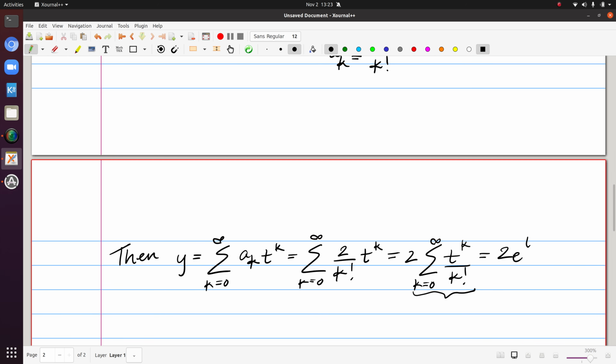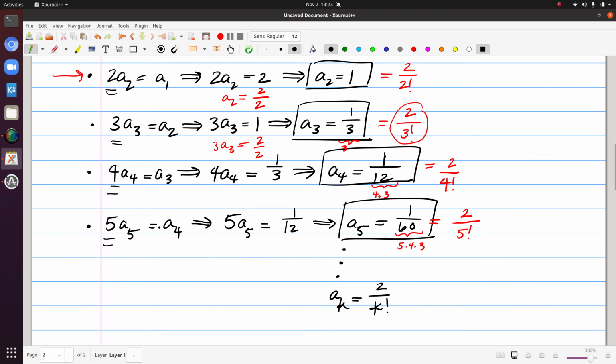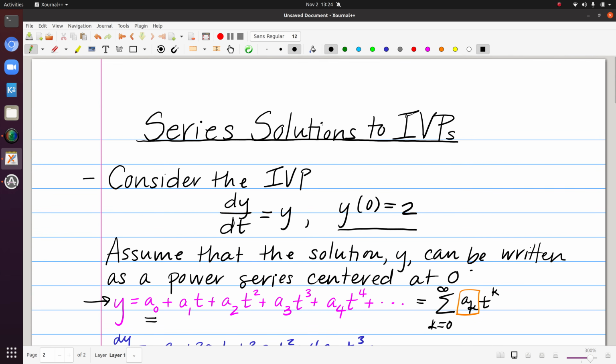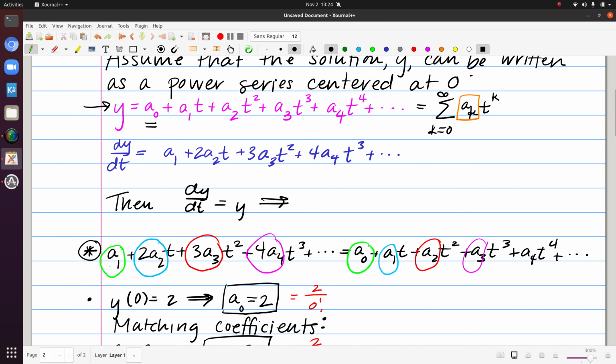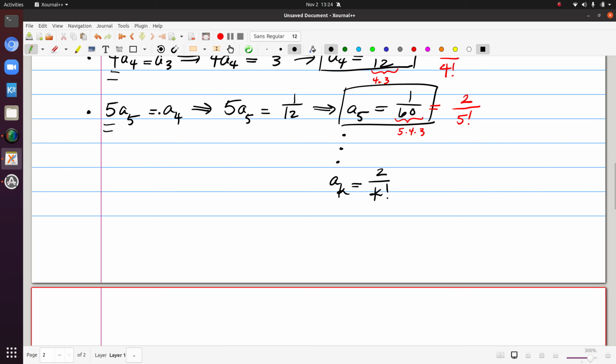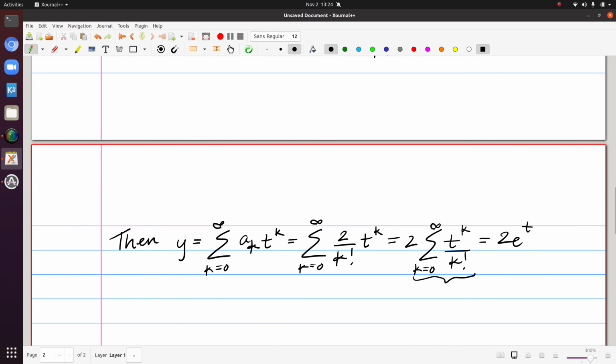So we get that our solution is 2e to the t. So if I had used separation of variables to solve this differential equation, I would have gotten exactly the same solution. I also talked about recognizing that it should be something of the form c e to the t, and that constant c would be determined by our initial condition. So this matches what we would have found otherwise.